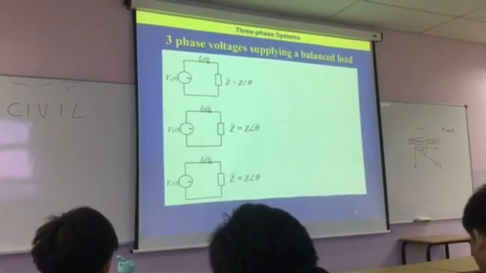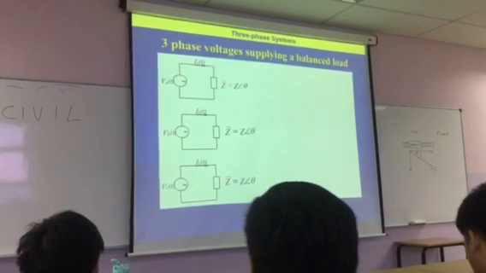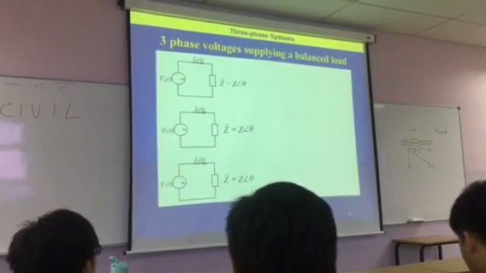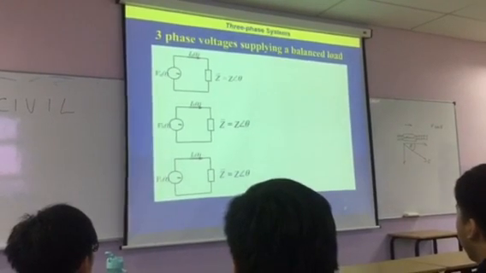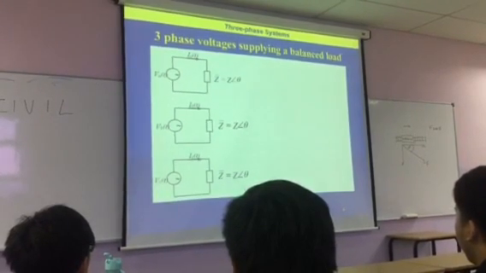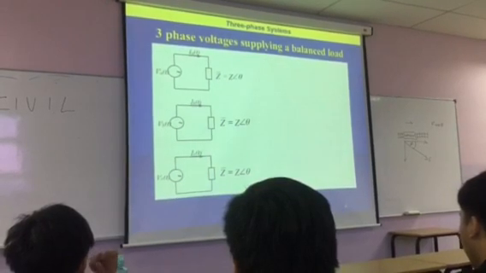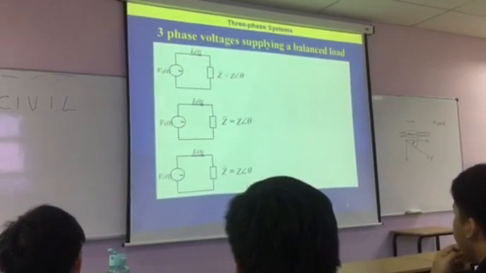If we consider that these voltages are going to supply a balanced load, we've then got that arrangement. If it's a balanced load, effectively there's no lead or no lag.